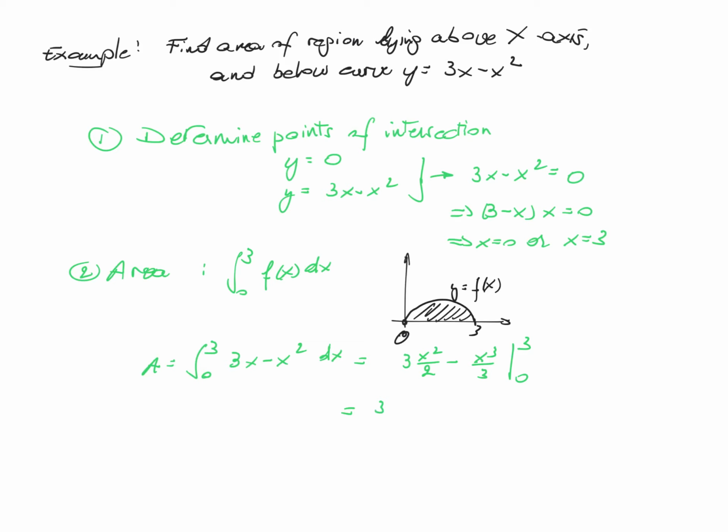This is 3 times 9 divided by 2 minus 27 divided by 3. And then the same thing in the lower boundary, but this is just 0 minus 0. So it is 27 over 2 minus 27 over 3.